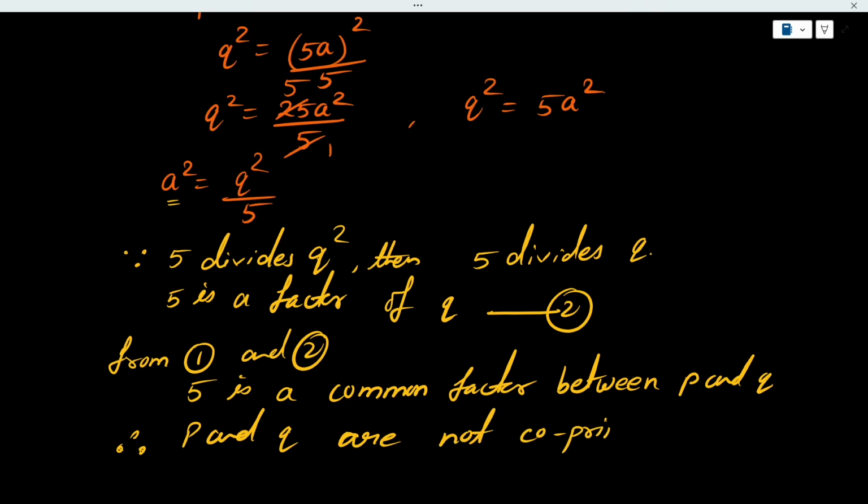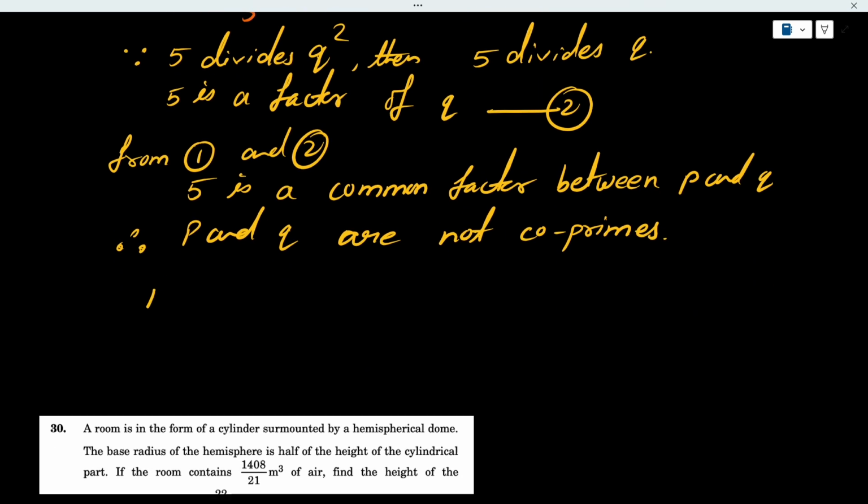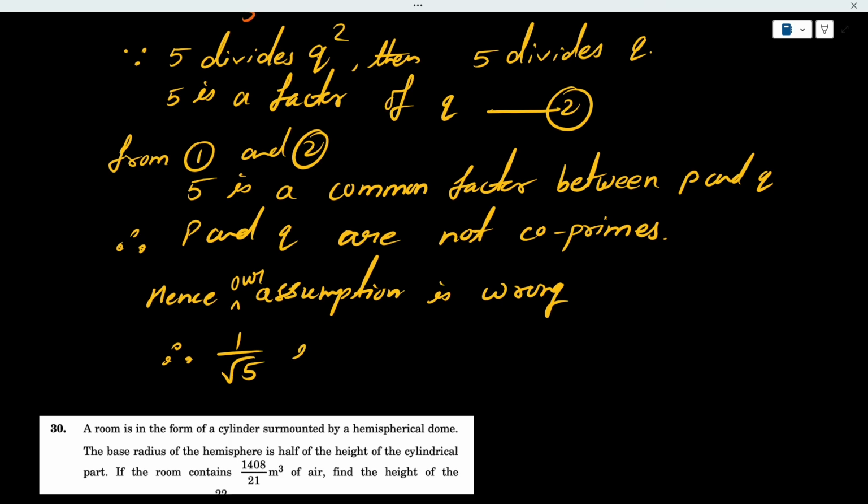You must mention why they are not rational. Hence, our assumption is wrong, and therefore 1 by root 5 is an irrational number.